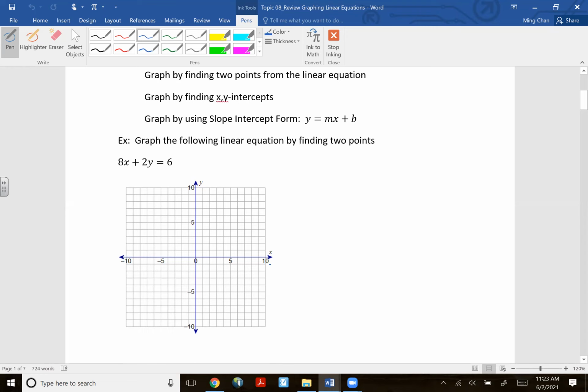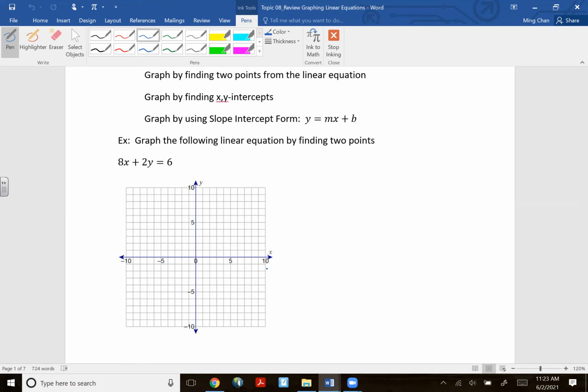You definitely don't want to pick decimals or fractions. So whatever number you choose for one variable, the other one that you solve for, make sure the answer coming out is also within negative 10 to 10, and that it's not a decimal or a fraction.